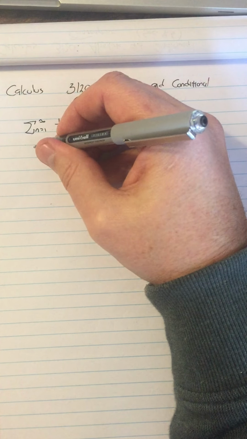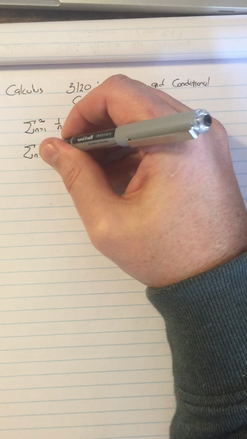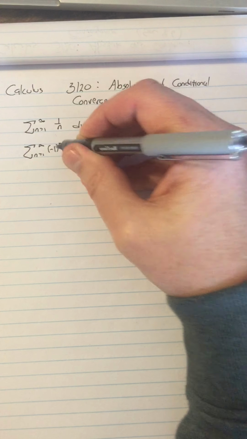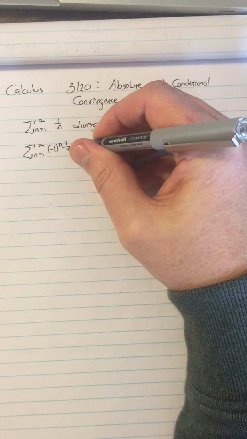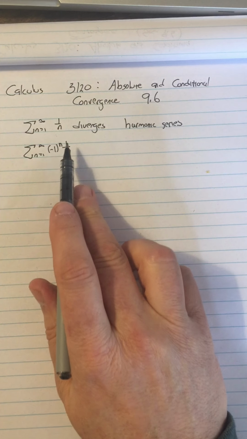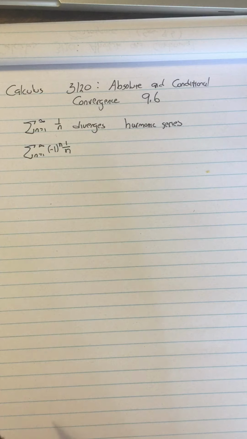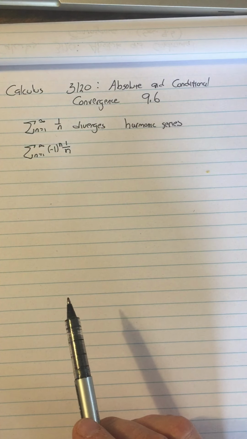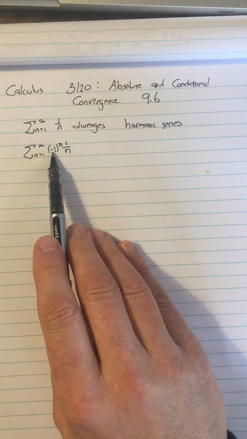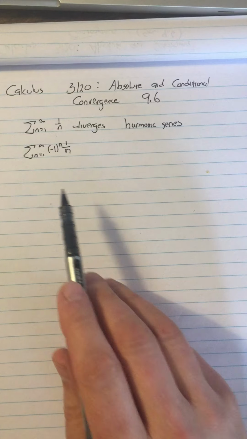Then we can observe the sum from n equals 1 to infinity of negative 1 to the nth power, or sometimes we put n minus 1, depending on whether we want the first term to be positive or negative, times 1 over n. Now, this series we showed last time converges by the alternating series test, which says that if I have an alternating series, the negative 1 goes alternately positive and negative.